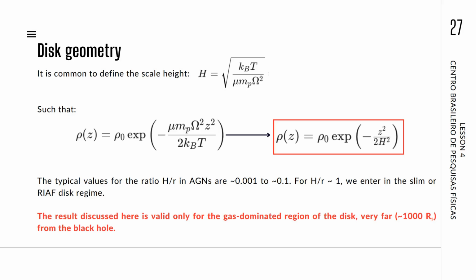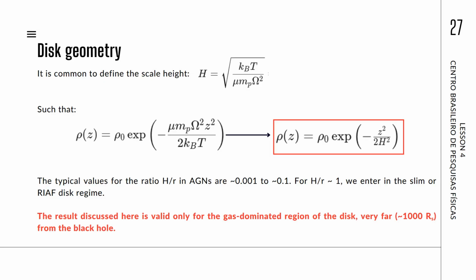For the typical values for the ratio H/R, H is the scale height, and R is the distance from the black hole. So in AGNs, the typical values for these ratios, H over R, are between 10^-3 and 0.1.